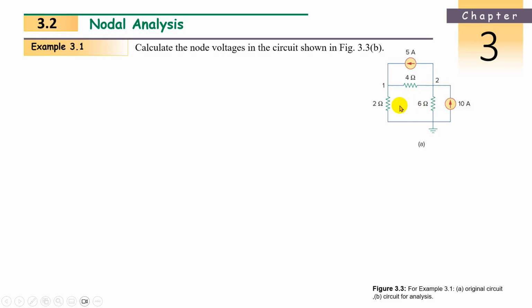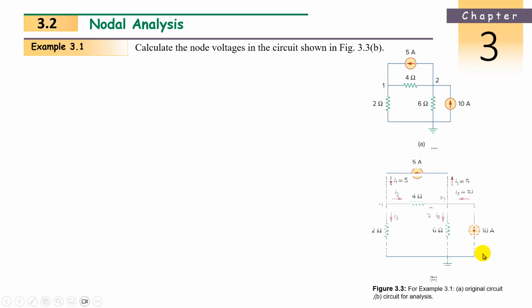Now currents. In all branches I will put some current names. I will put 5 amperes as I1, let's say, in this direction, entering the node. Then I2 will be 4 amperes from V1 to V2. Now I3 will be from V1 to 0, downward, because of higher potential to lower potential.